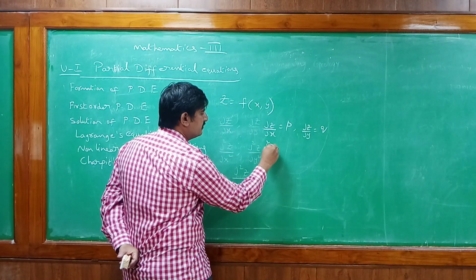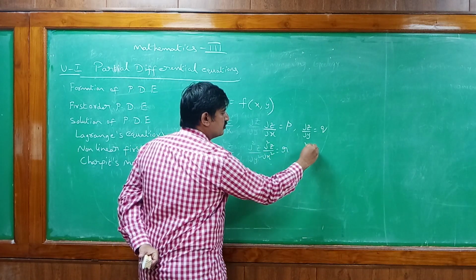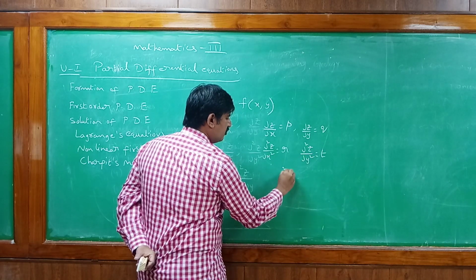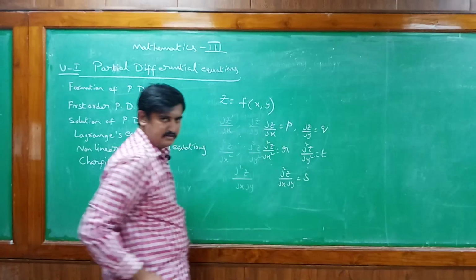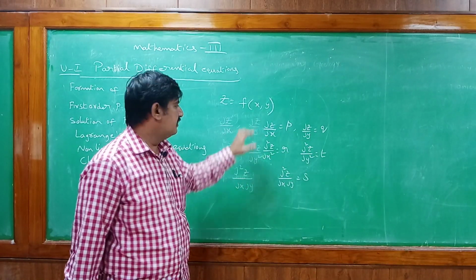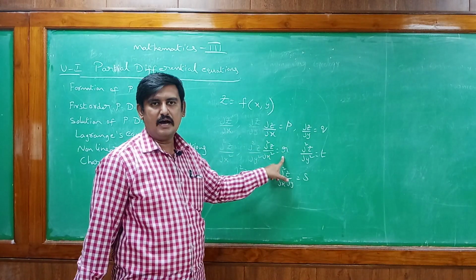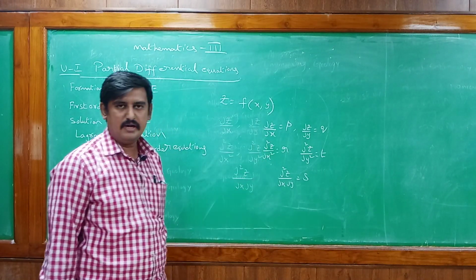Similarly for 2 times differentiation, dou square z by dou x square is r, dou square z by dou y square is t, and dou square z by dou x dou y is s. So whenever I write p, q, it is nothing but dou z by dou x, dou z by dou y, and r is the 2 times differentiation of z with respect to x, that is dou square z by dou x square.